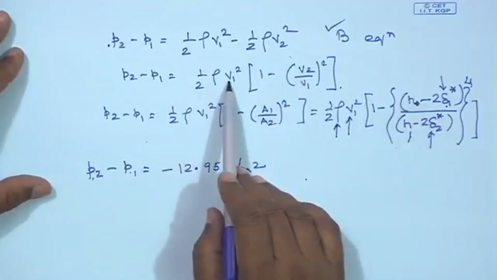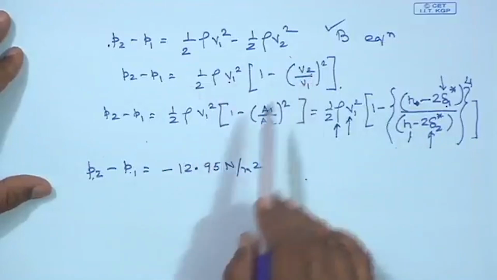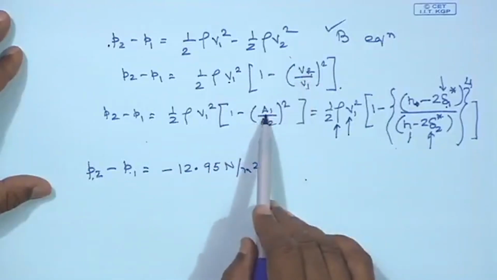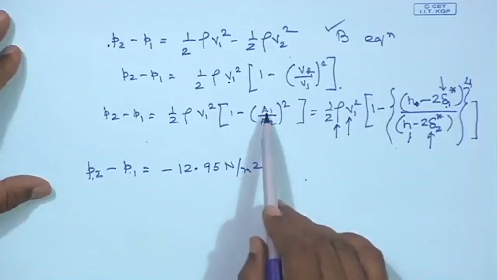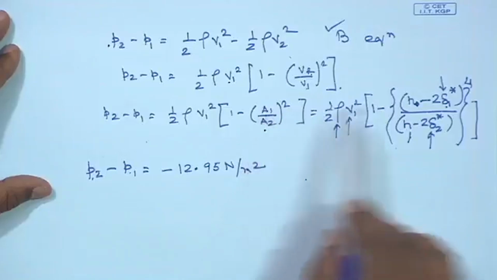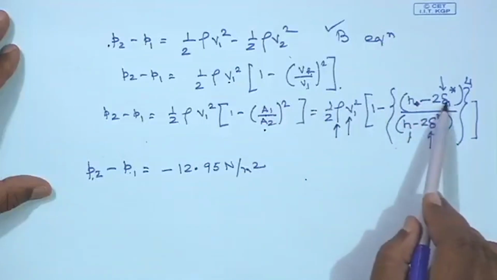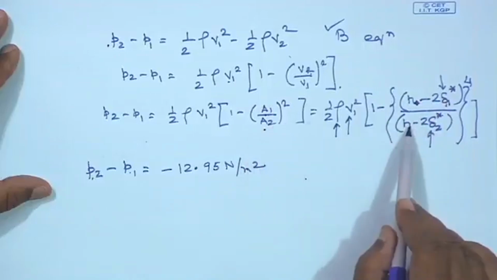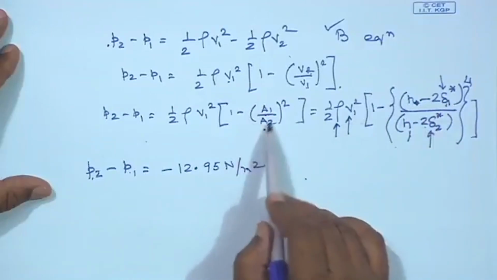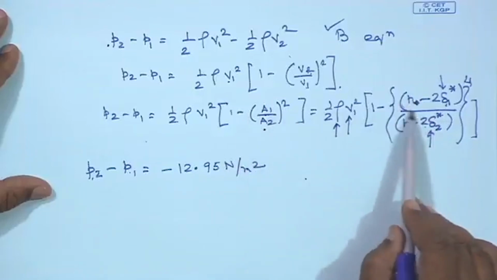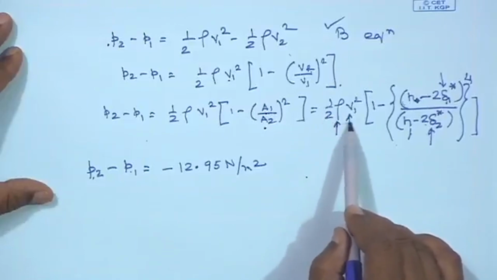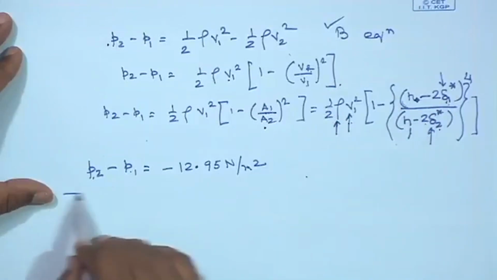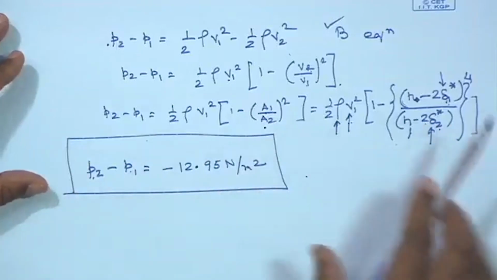Taking V1 constant outside, V2 by V1 by equation of continuity is A1 by A2, since A1 V1 is equal to A2 V2, where A1 is (H minus 2 delta 1) whole square and A2 is (H minus 2 delta 2) whole square. So, the ratio squared is simply going to be to the power 4, and in this case you know all the terms rho, V1, H, delta 1, delta 2, and therefore you should be able to calculate the pressure drop between 1 and 2.